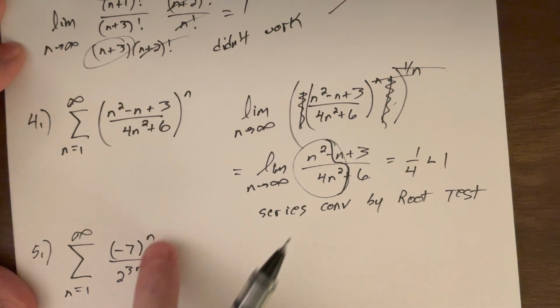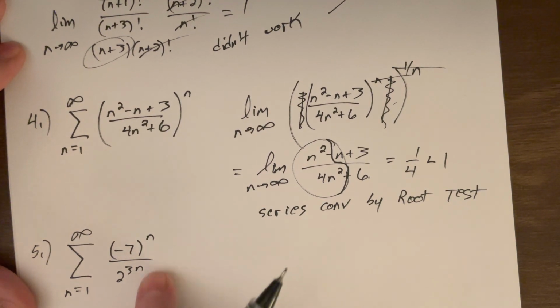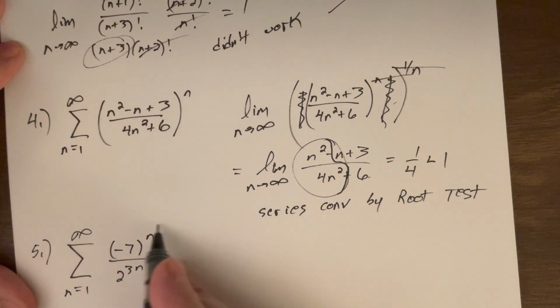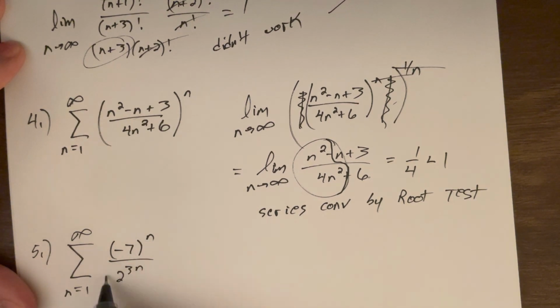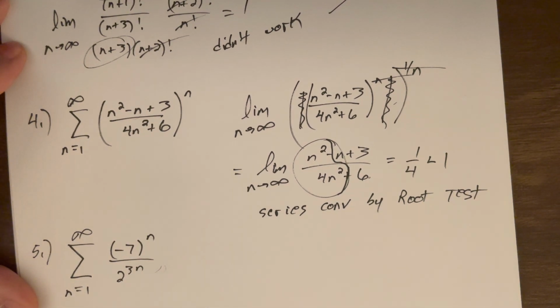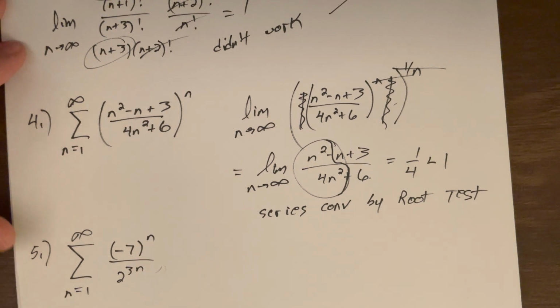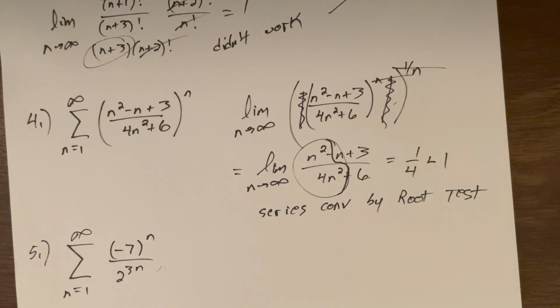N is only an exponent here. So even though it's being used in both pieces, N as an exponent, this is a geometric piece. Here, this is also a geometric piece. There's no other pieces. This whole thing, believe it or not, is geometric. So maybe you might only realize that by actually writing out some terms, but that would be another alternative. I'll show you that at the very end.